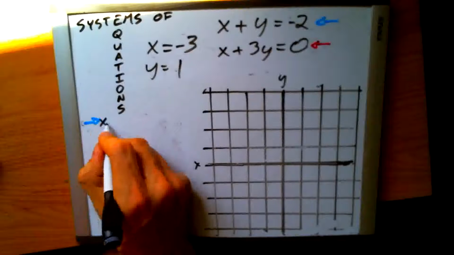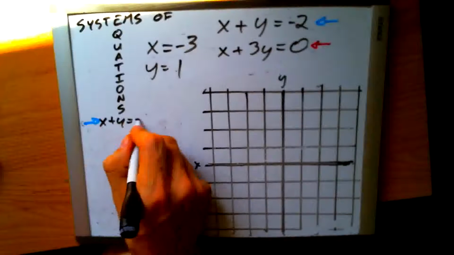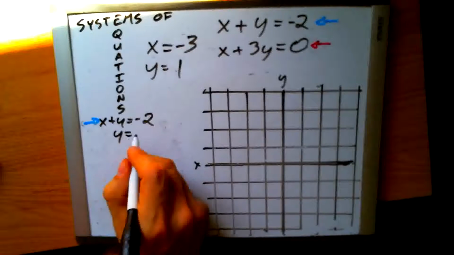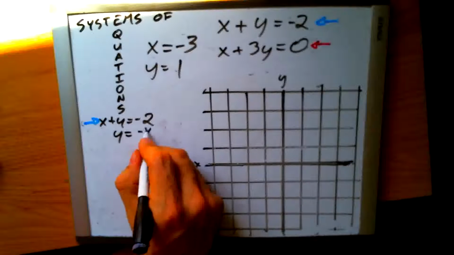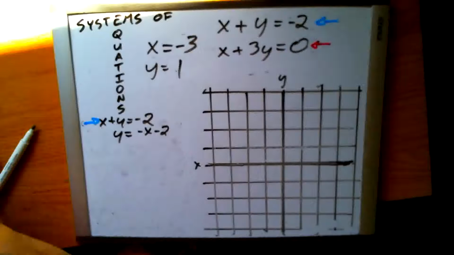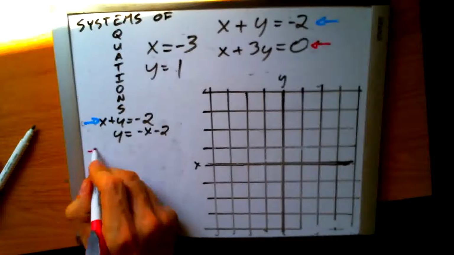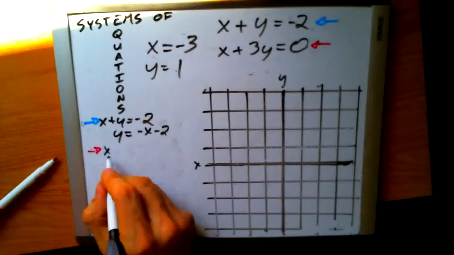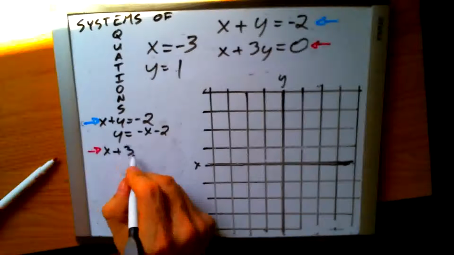Now the third way that we can deal with this is to graph them. So let's get both of these equations in the form of a line that we're familiar with. So we already saw how to get x plus y equals -2 to become y equals -x minus 2.